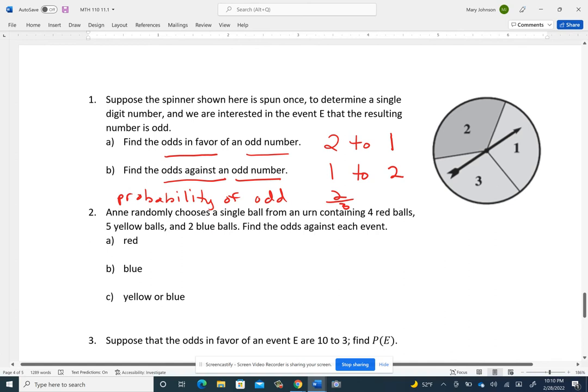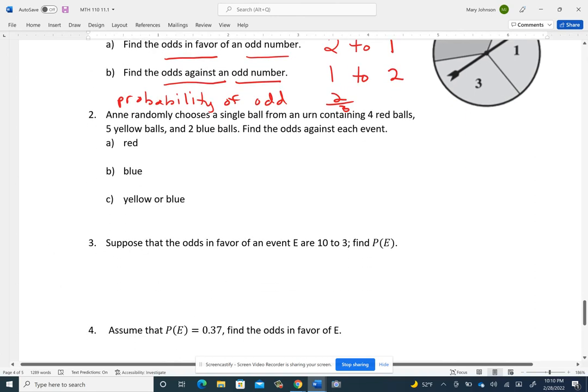All right, now let's try this one. So here we have a person. Anne is choosing a ball out of a vase, an urn that has 4 red balls, 5 yellow balls, and 2 blue balls. We want the odds against each of these. So against red would be the other 2. So that would be 5 plus 2. That would be 7.